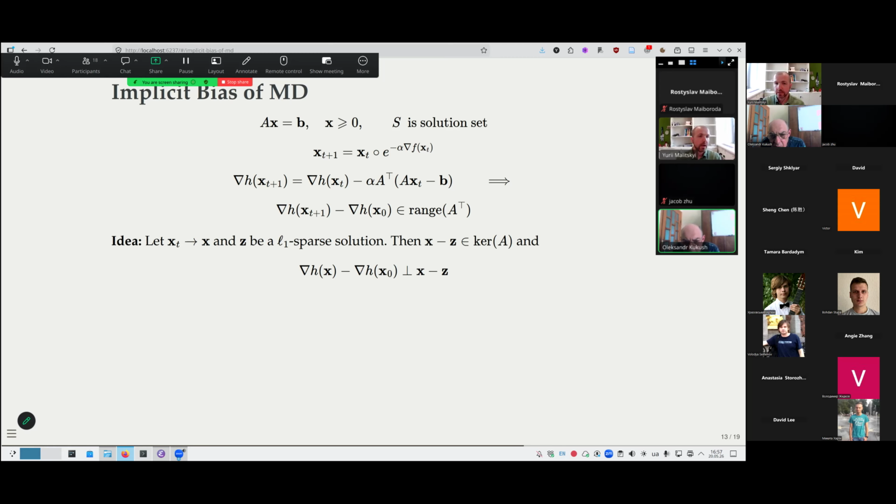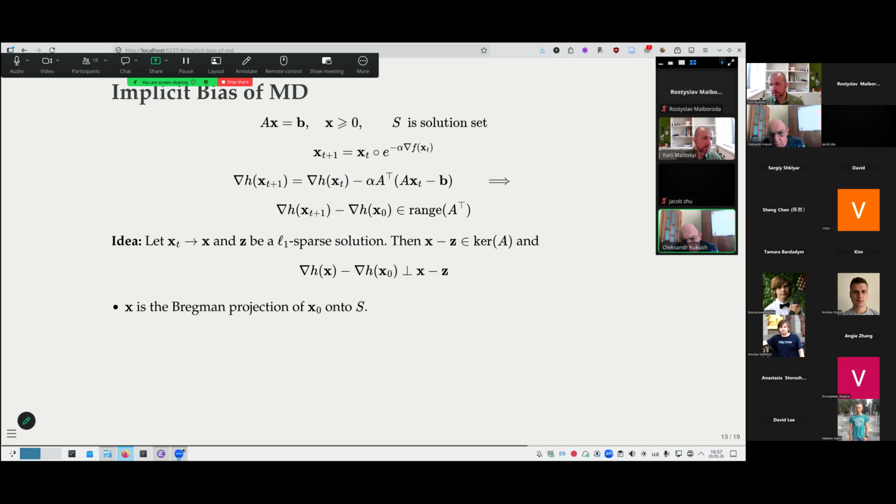And this property tells us exactly, I don't want to derive it, that this is what it means to be a projection. So let's think, if h was a quadratic function, then the gradient of h is just the identity, so it's just x minus x0. And in this case, it would be just the classical orthogonality property. This gradient of h means x is a Bregman projection of x0 onto S.